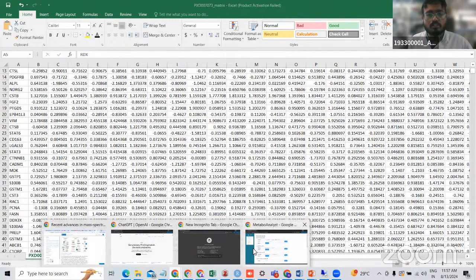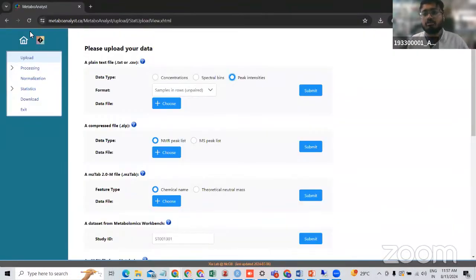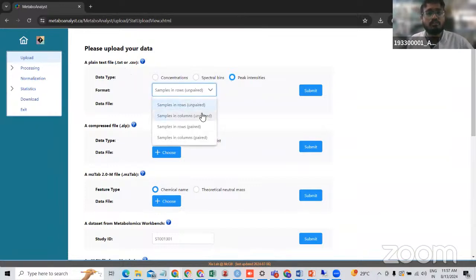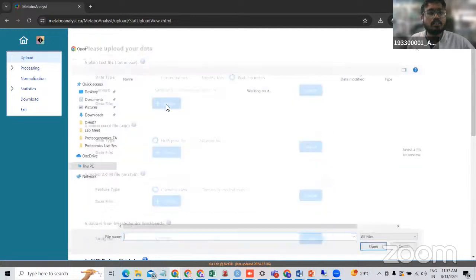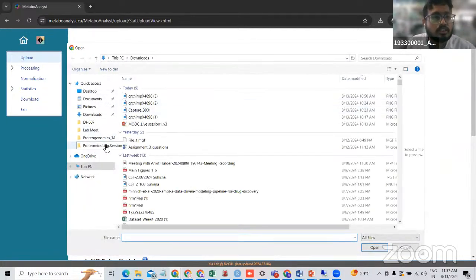This software is for meta-analysis, the secondary analysis. You can use other software as well. This is basically for statistical testing. According to the matrix that we have designed, either in rows or columns, we will choose.